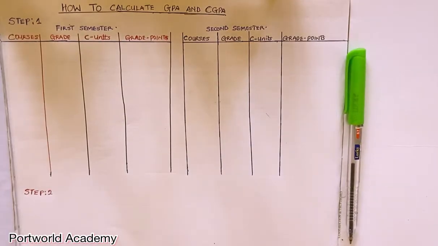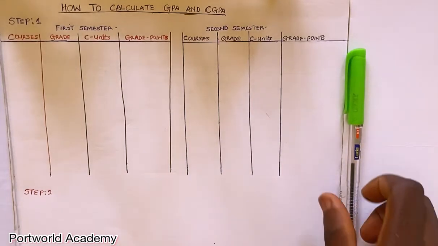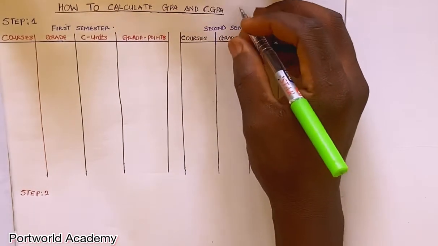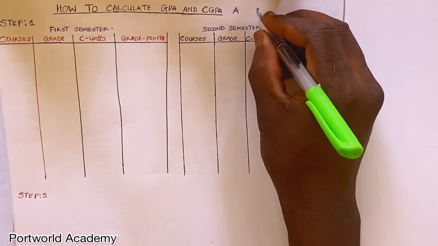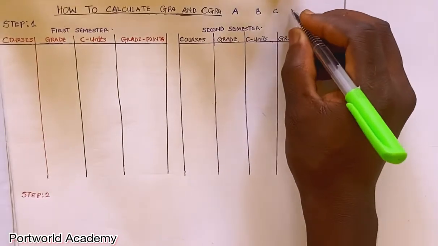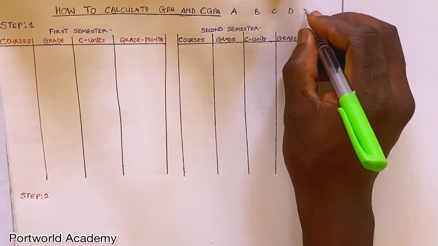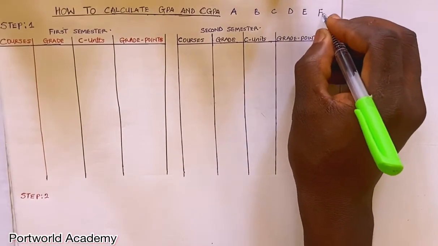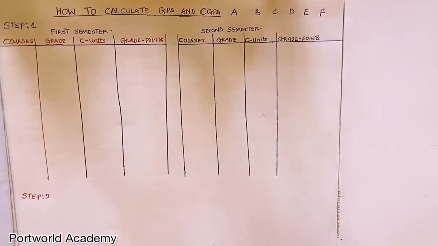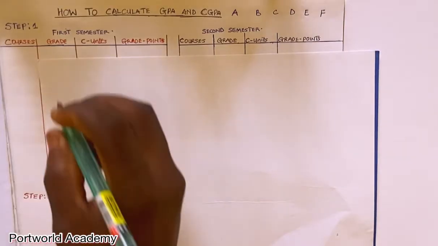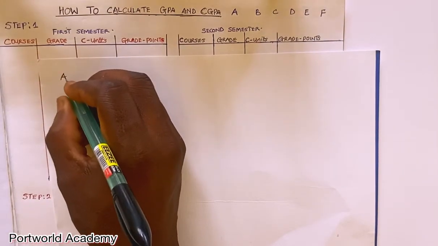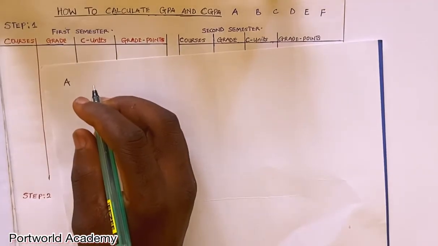So at first, I need to explain each grade point that we have. Whenever we have grade A, we have grade B, grade C, D, and also E and F. So if you have A, what's going to be the points of A?